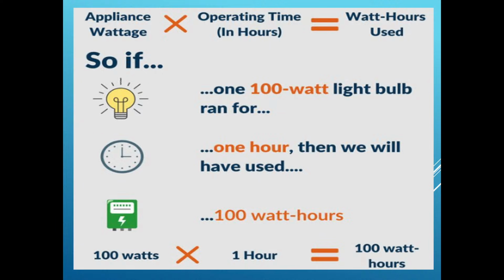So for example, I'm showing you this image. In this image, you can see a lamp. Its wattage is 100 watts, and the lamp was turned on for 1 hour.